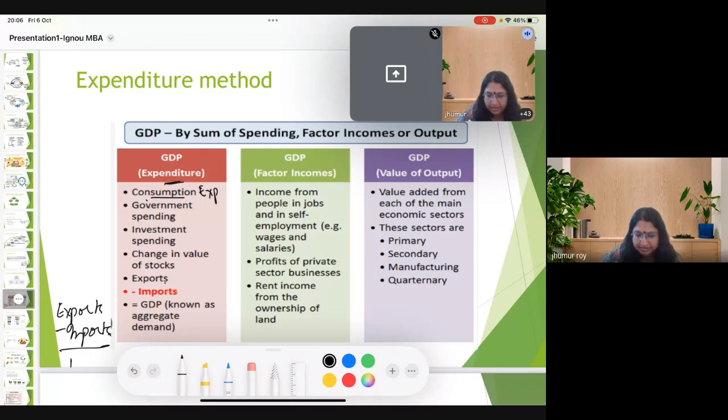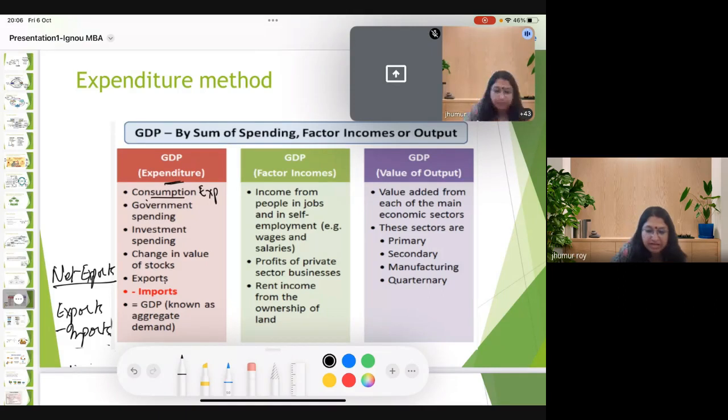Okay, this is taken as net exports. Net exports means what is the amount which I am giving to others, and what is the amount that I've got from others.